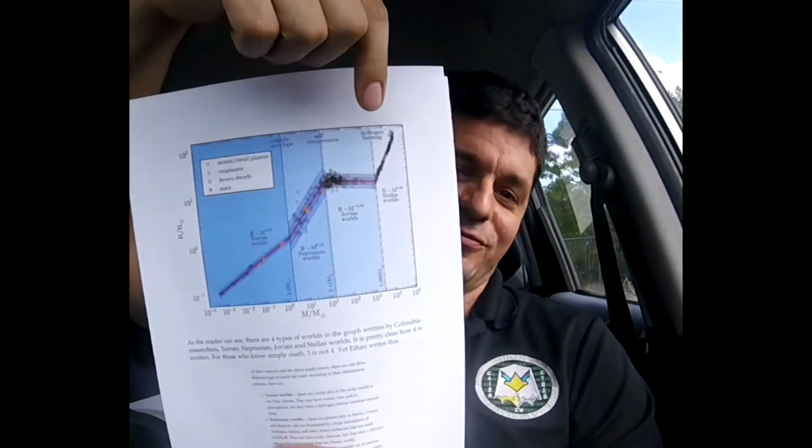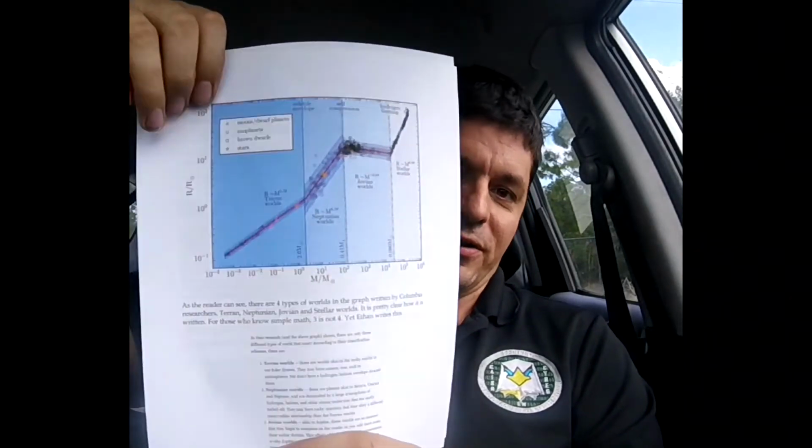He says there are three types, and he has this graph right above the statement he makes, saying that there are three worlds. Yet clearly there's four of them: Terran worlds, Neptunian, Jovian, and stellar.